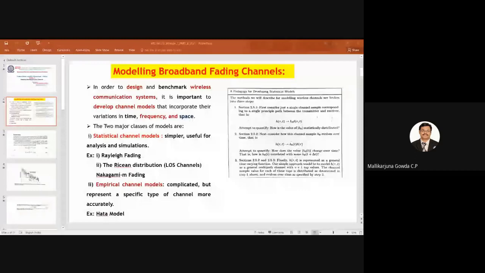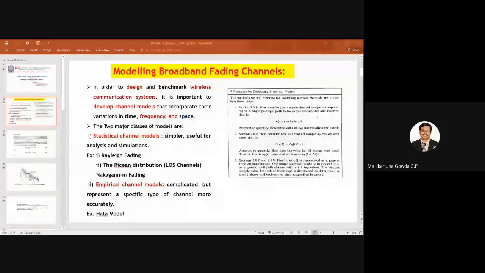There are basically two major classes for modeling broadband fading channels. One is the statistical channel model, and the other is the empirical channel model. The statistical channel models are simpler in nature, simple in implementation, and useful for analysis and simulations.